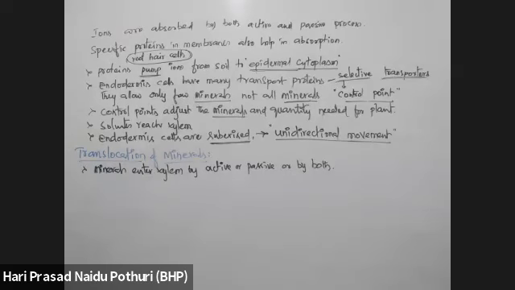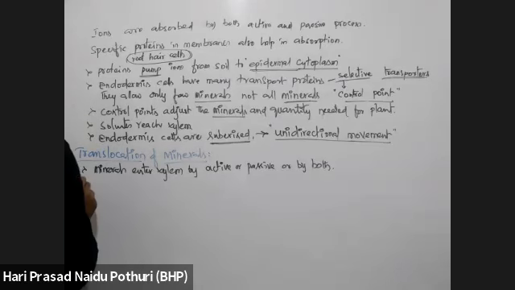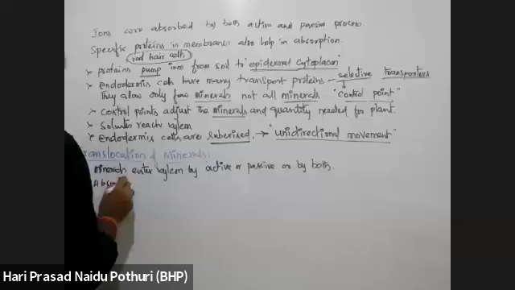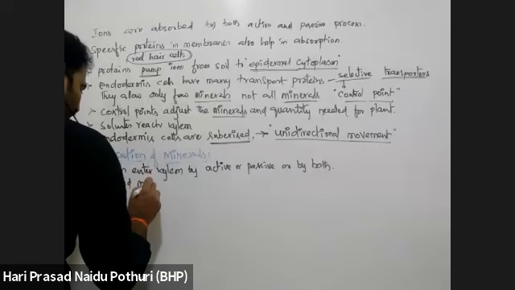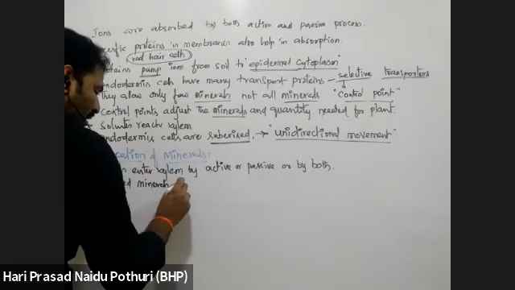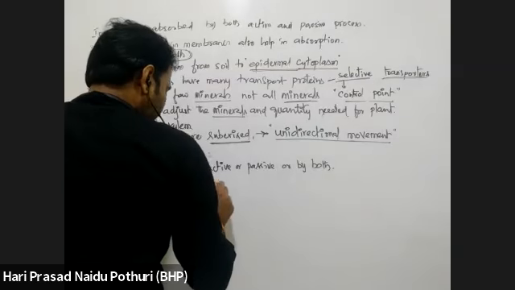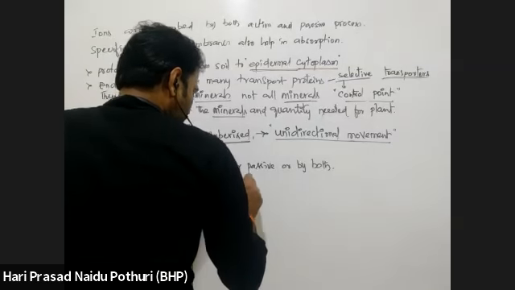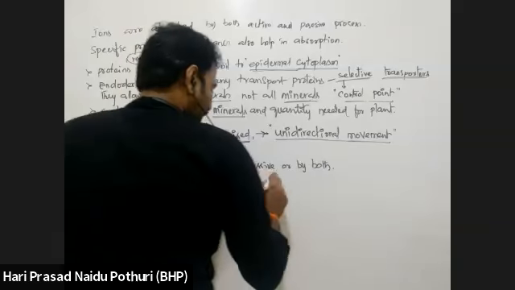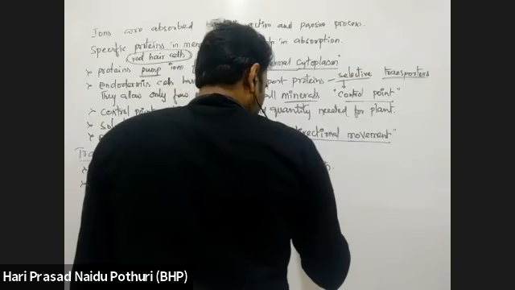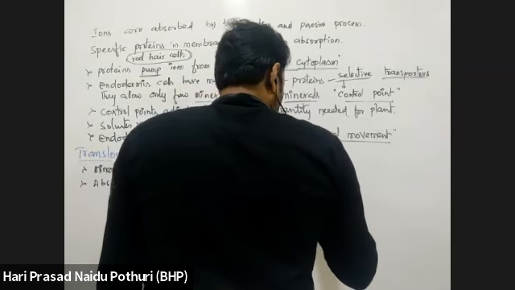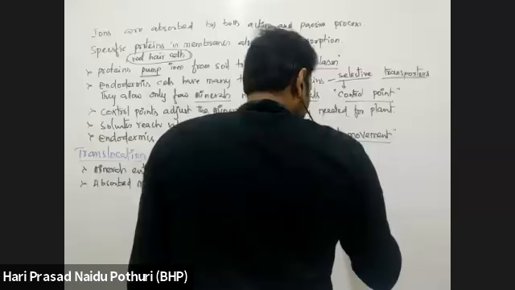Then further transport takes place through the stem to all parts of the plant by the transpiration stream. Absorbed minerals are transported through the stem with the transpiration stream.